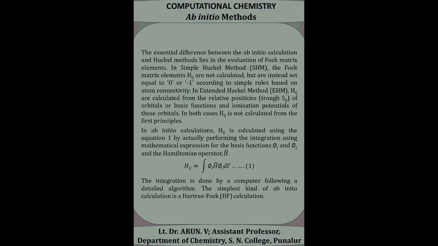Here H cap is the Hamiltonian operator. The integration is done by a computer following a detailed algorithm. The simplest kind of ab initio calculation is a Hartree-Fock calculation. It is called HF calculation.